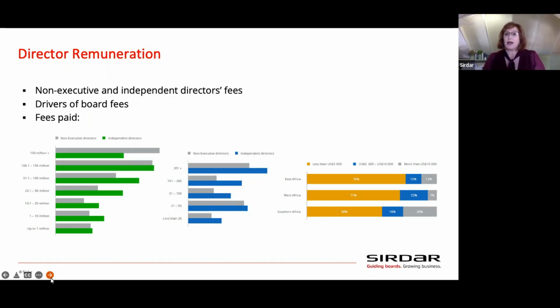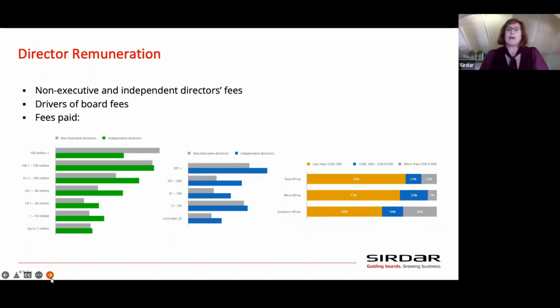If we look at the size of organization, it is the 200 plus organizations where higher fees are being paid out to directors. And then, as mentioned earlier, on the far right-hand diagram, fees are significantly higher in Southern Africa than in West and East Africa.